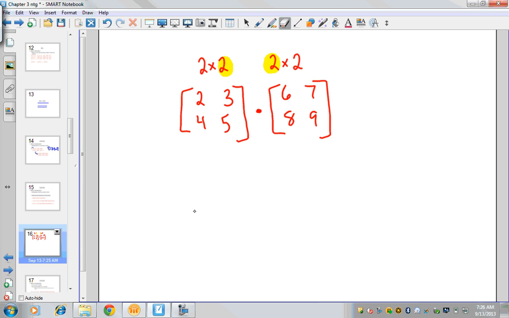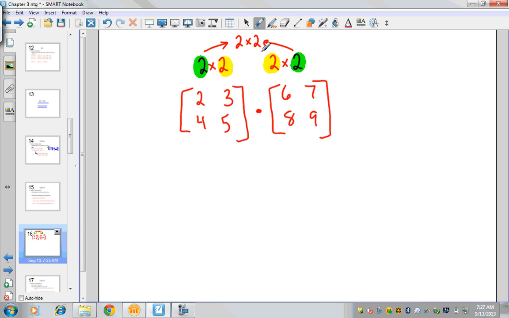All right. Now the outside numbers are actually very important too, because these numbers here, which I'm going to highlight in green, represent the dimensions of your answer. That means our answer will be a 2 by 2 matrix. That's very important because it helps you with the next step.